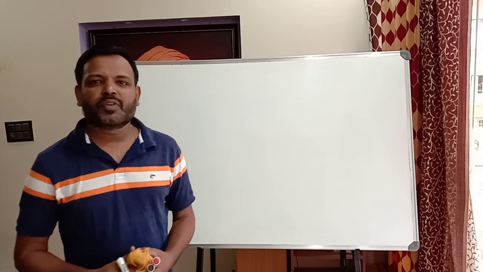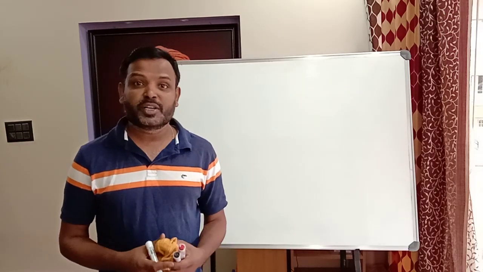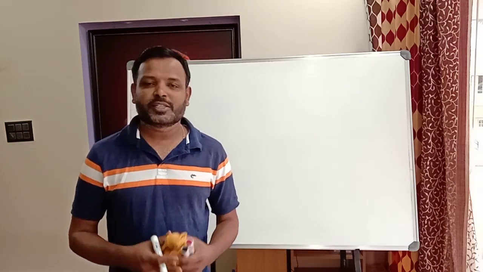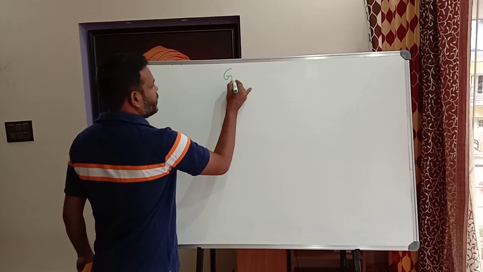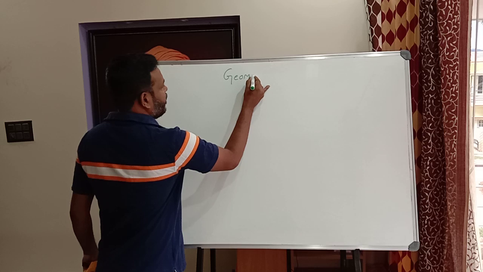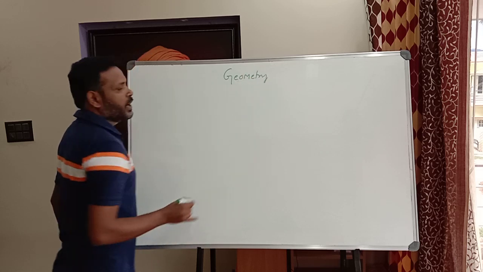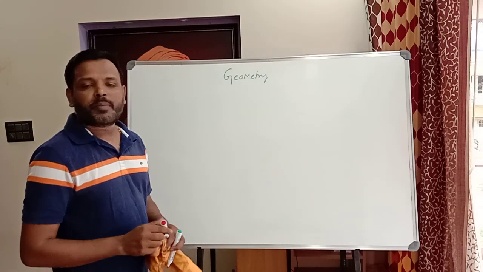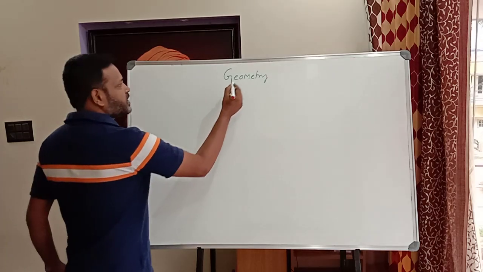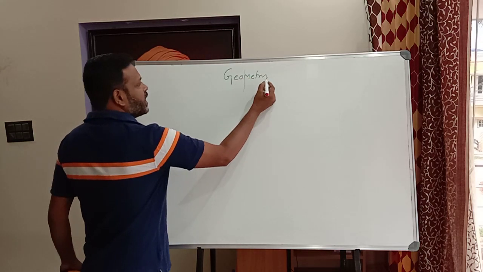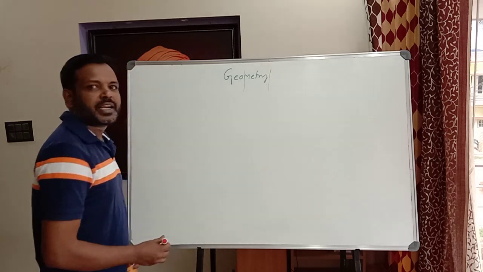Before going to understand our actual bridge course content, let us know what we mean by geometry. The word geometry contains two terms. What are the two terms here? The first one is geo and the second one is metry.